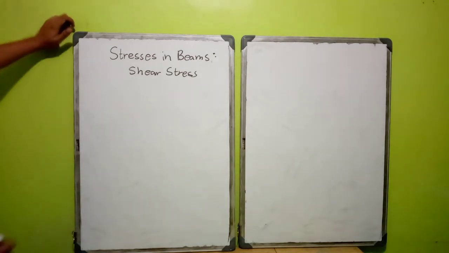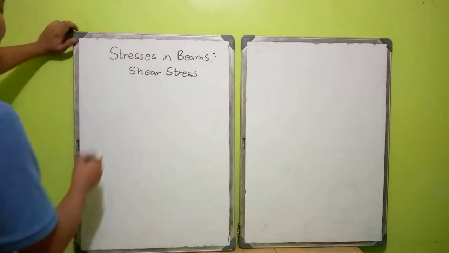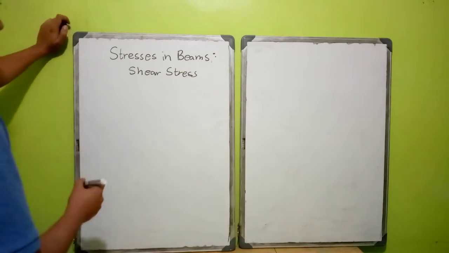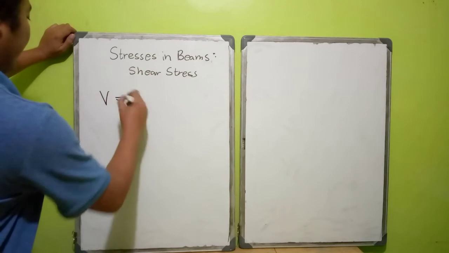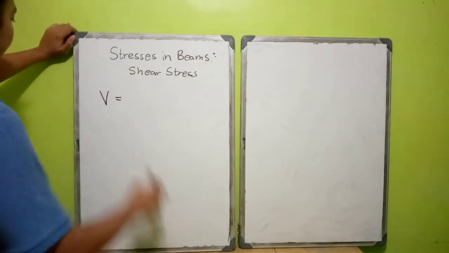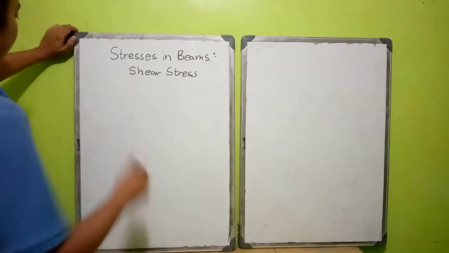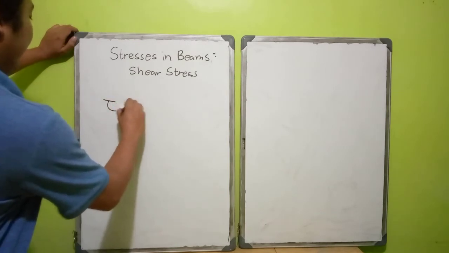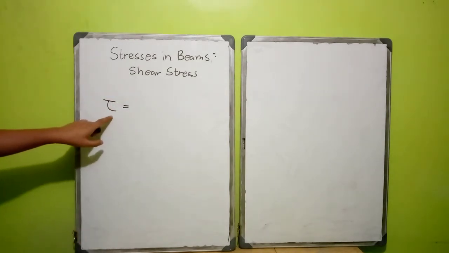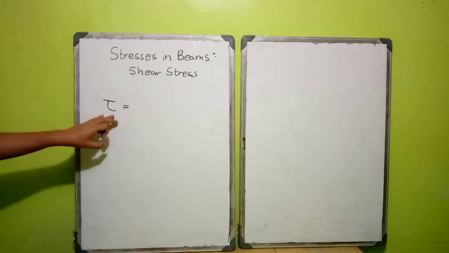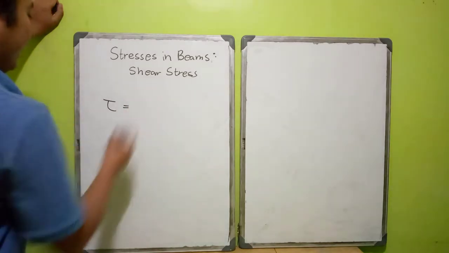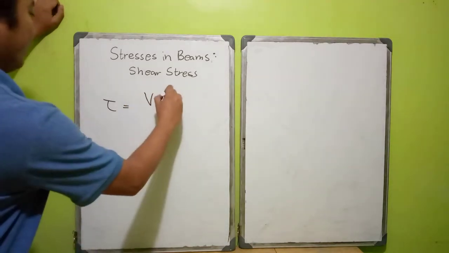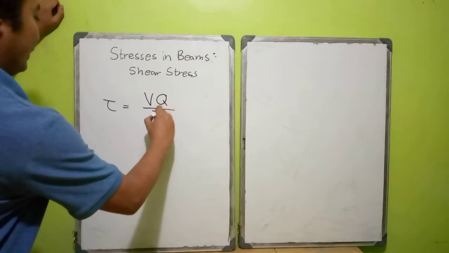So the general formula for computing shear stress is like this. Shear stress is usually referred to as tau, in Greek letters, and it is equivalent to VQ over IB.